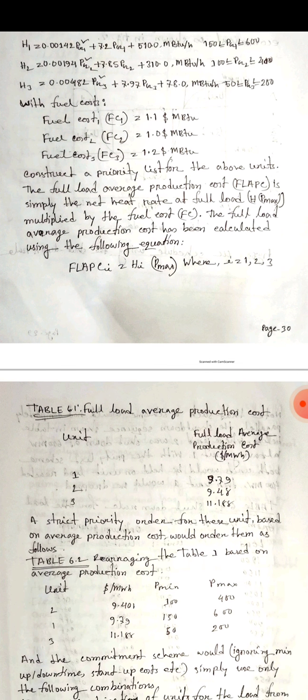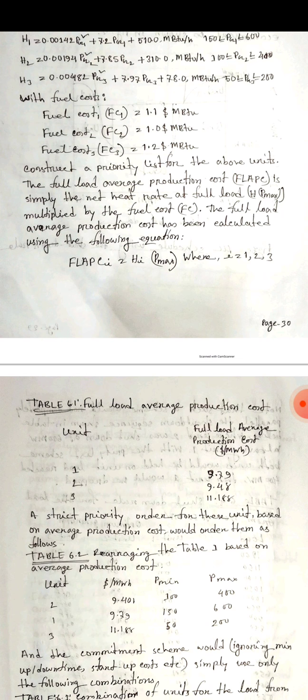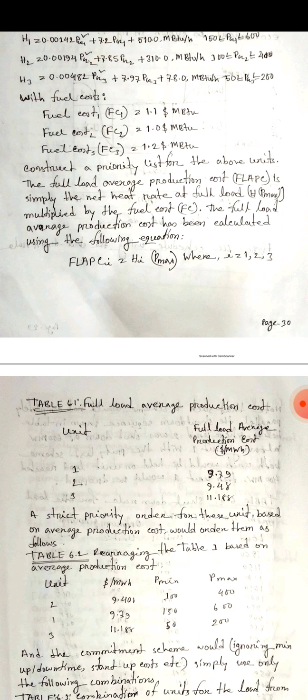Table 6.1: fuel cost and full load average production cost. This is the unit and full load average production cost: unit 1 is 9.79, unit 2 is 9.48, and unit 3 is 11.188.